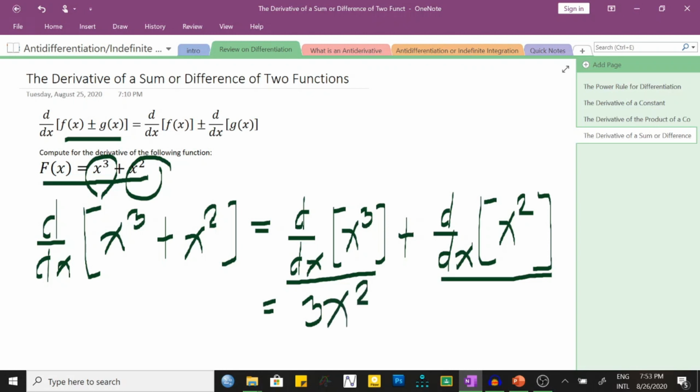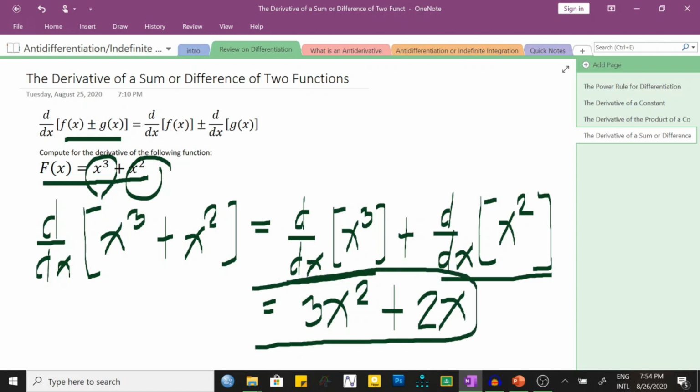So we use the power rule to compute that one. Same for the derivative of x squared. By applying the power rule, we arrived at an answer which is 2x. So the derivative of x cubed plus x squared is 3x squared plus 2x.